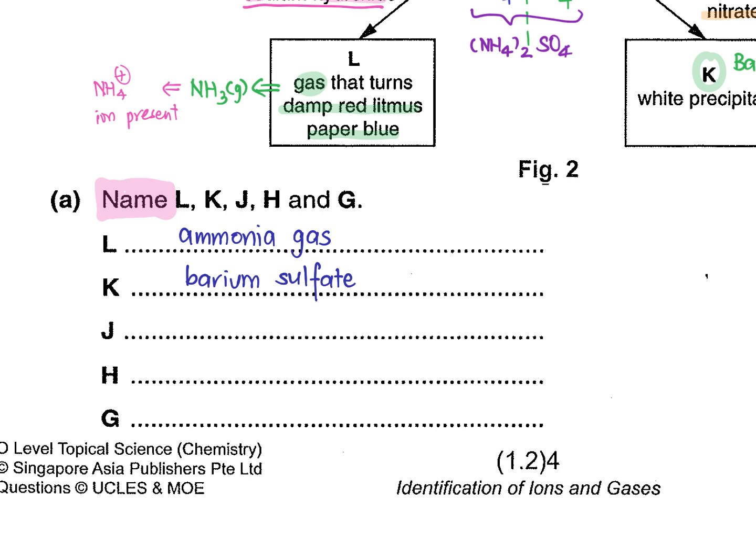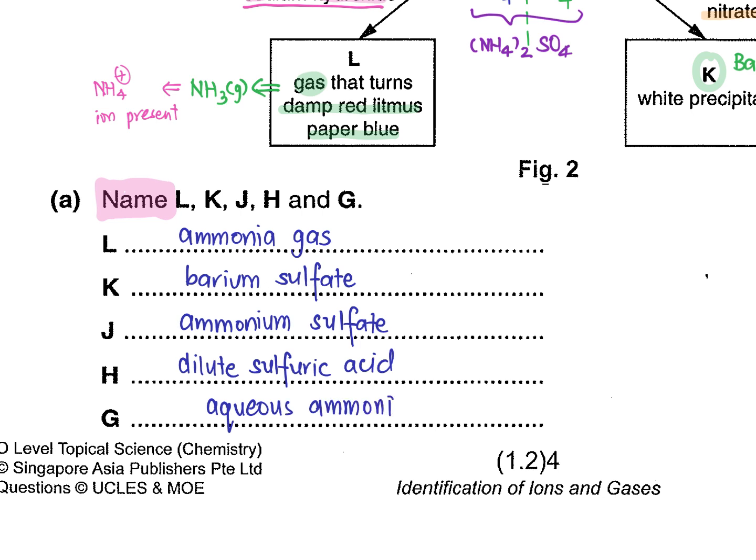The J is ammonium sulfate. Your H, you call it dilute sulfuric acid. Then the last one is aqueous ammonia. Do not write ammonium hydroxide. Please take note, I need to see these terms very clearly written in your answers.